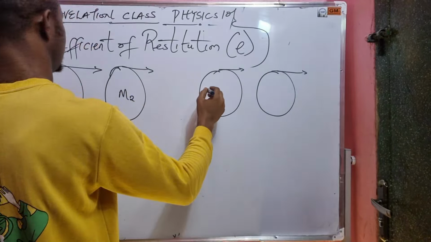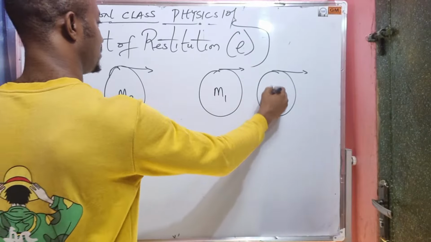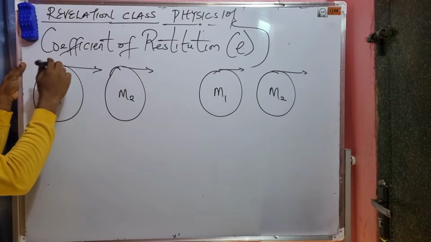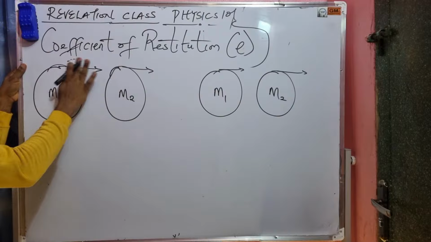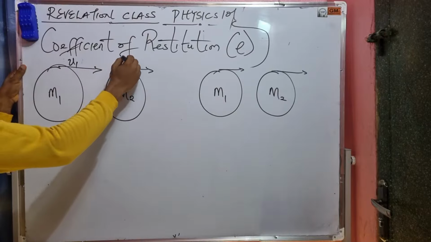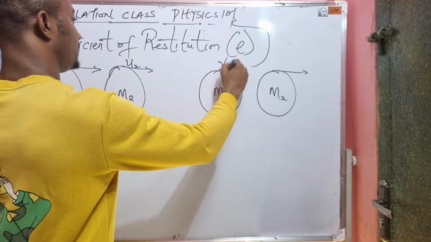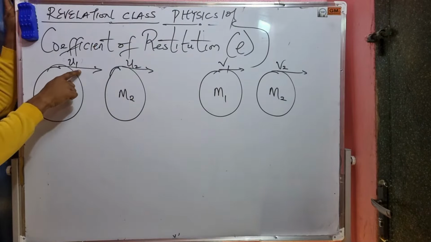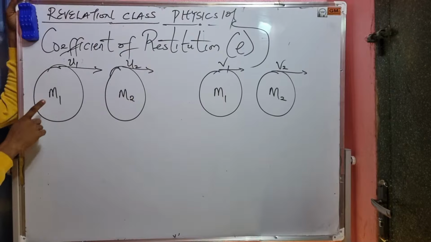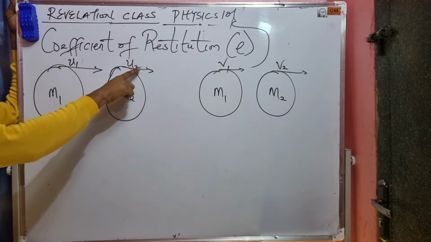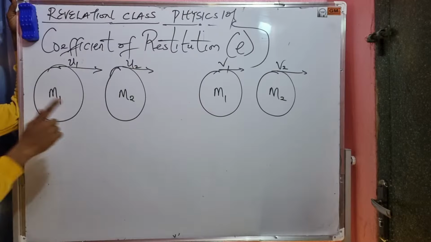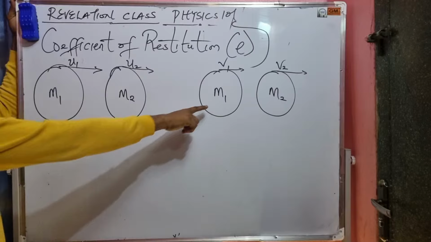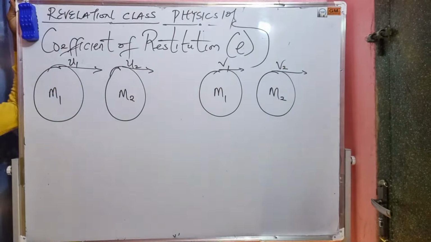Here we have the same mass M1 and the same mass M2. Here we have U1 and U2, and this is V1 and V2. U1 means initial velocity of the first mass. U2 means initial velocity of the second mass. V1 means final velocity of the first mass. V2 means final velocity of the second mass.